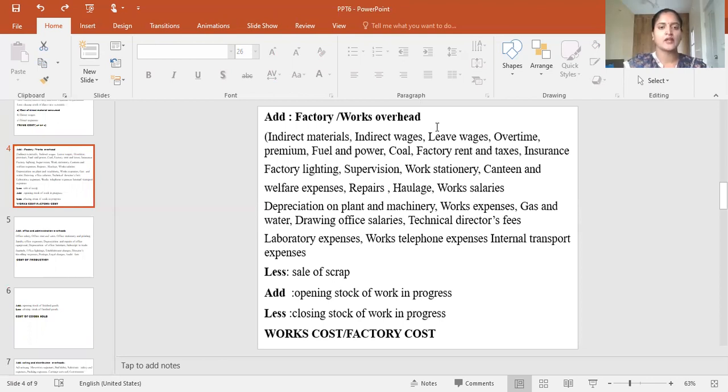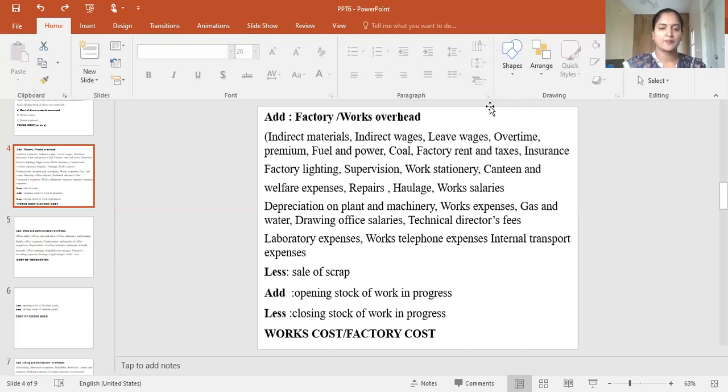Under that: indirect materials, indirect wages, leave wages, overtime premium, fuel and power, coal, factory rent and taxes, insurance, factory lighting, supervision, works stationery, canteen and welfare expenses, repairs, haulage, works salaries, depreciation on plant and machinery, works expenses, gas and water, drawing office salaries, technical director's fees, laboratory expenses, works telephone expenses, internal transport expenses.